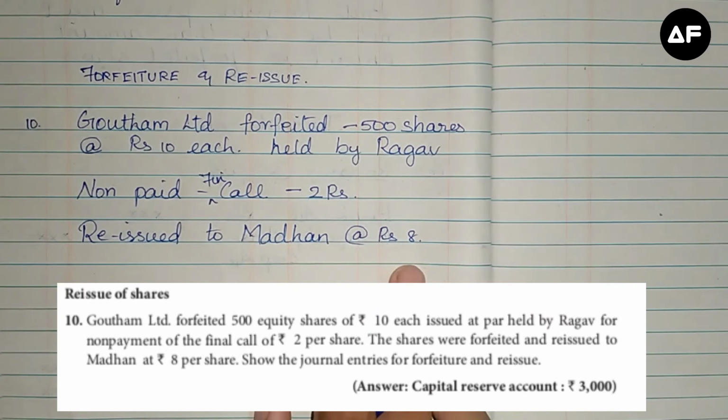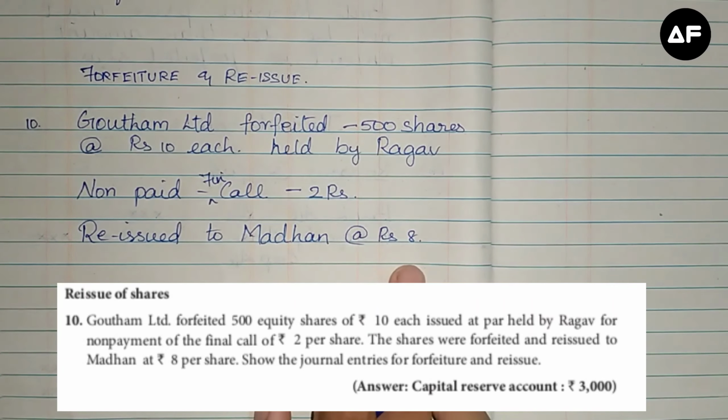Then 500 into the forfeited amount, leaving it blank for now. The share capital is always 10, as we did with 10 for the shares forfeited, so 10 minus 8 is 2. 500 into 8 is 4,000, 500 into 2 is 1,000, and 500 into 10 is 5,000. So this is the reissue of shares.